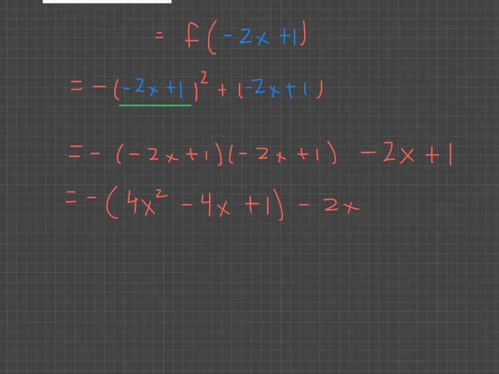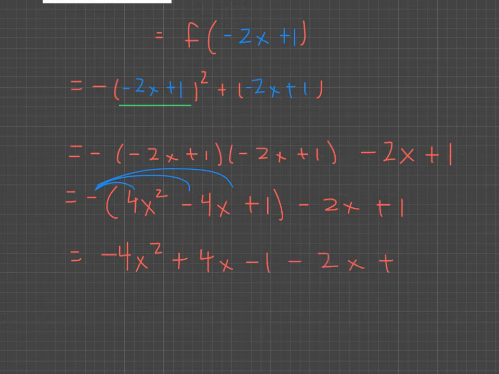And we have a minus 2x plus 1. The negative out in front is going to apply to all three of those terms inside. So we'll rewrite this. Negative 4x squared, it becomes a plus 4x. And then a minus 1. And then we have the minus 2x plus 1.